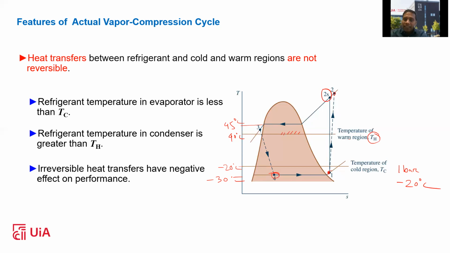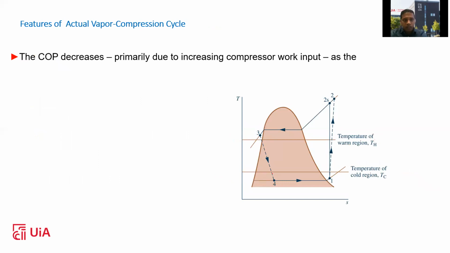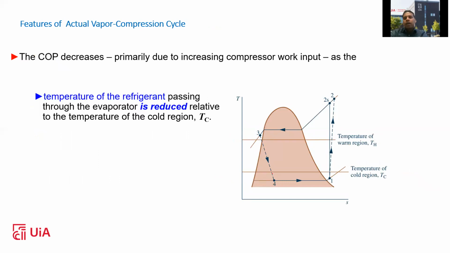And it has a negative impact on the COP. So that's why, if I can mention for the ideal vapor compression cycle, the COP is around 4.5, but for the actual vapor compression cycle, it may decrease due to the high work needed for the compressor, due to the temperature changes in the condenser and evaporator.